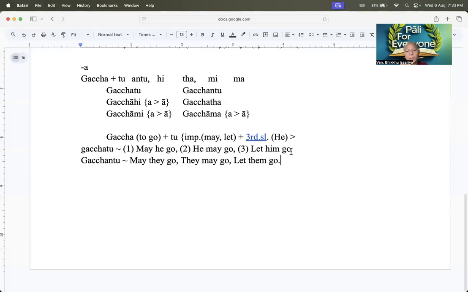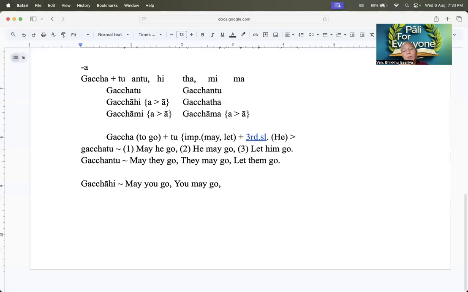So in this way. I see. For the second person singular, gacha he is actually may you go. Okay. And then you may go also, okay.